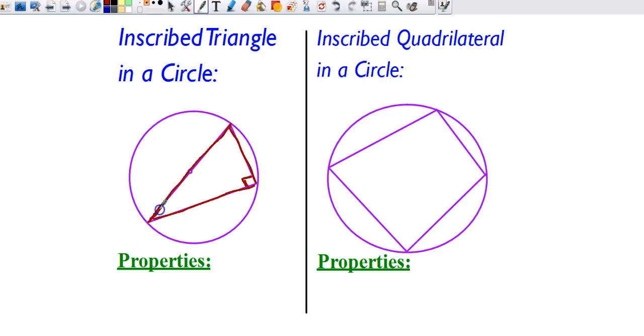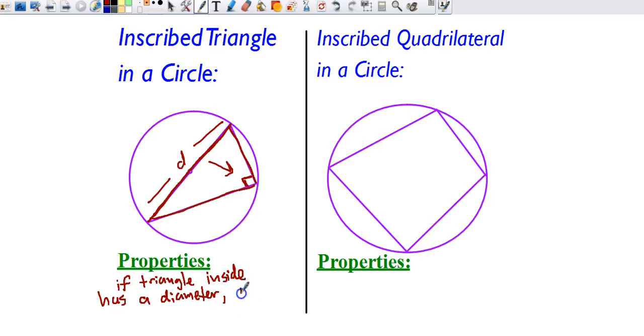So if this is a diameter, that's going to give you a right angle. Same rules of inscribed angles apply.